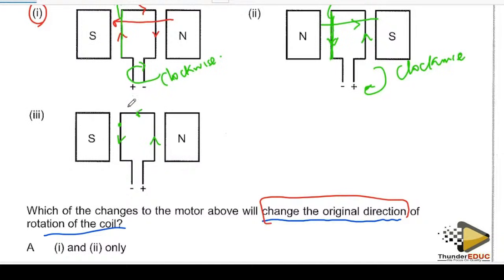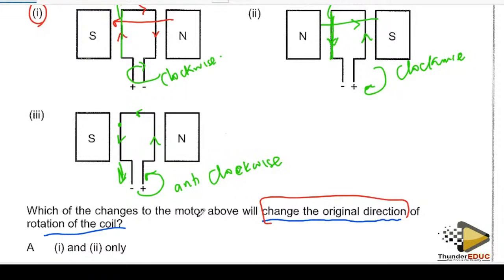So it's going to move downwards. This one moves downwards, which is the anti-clockwise.